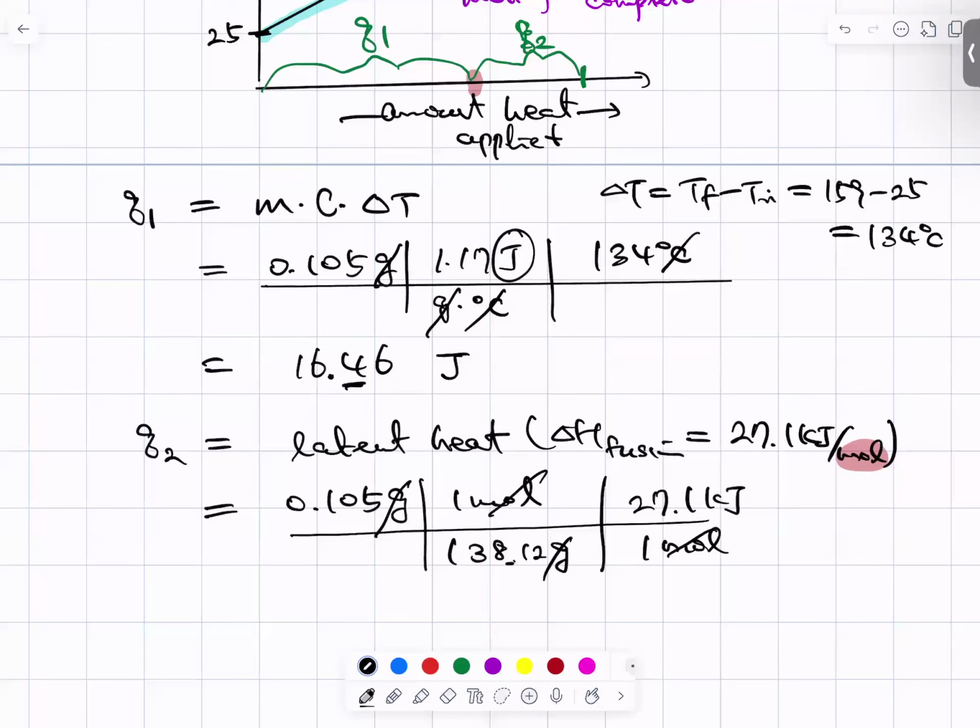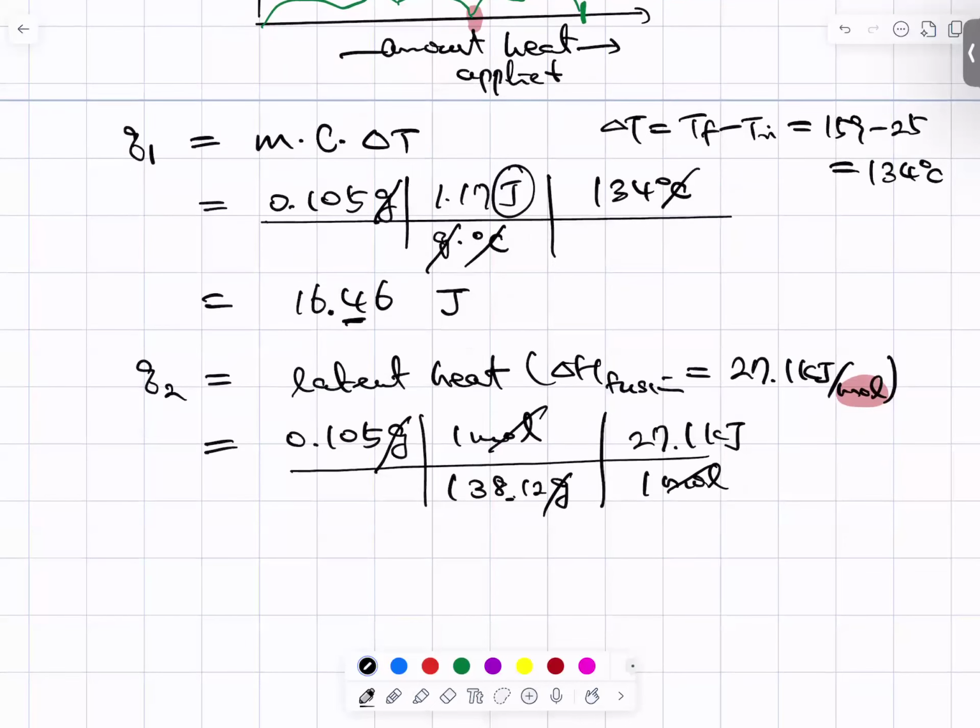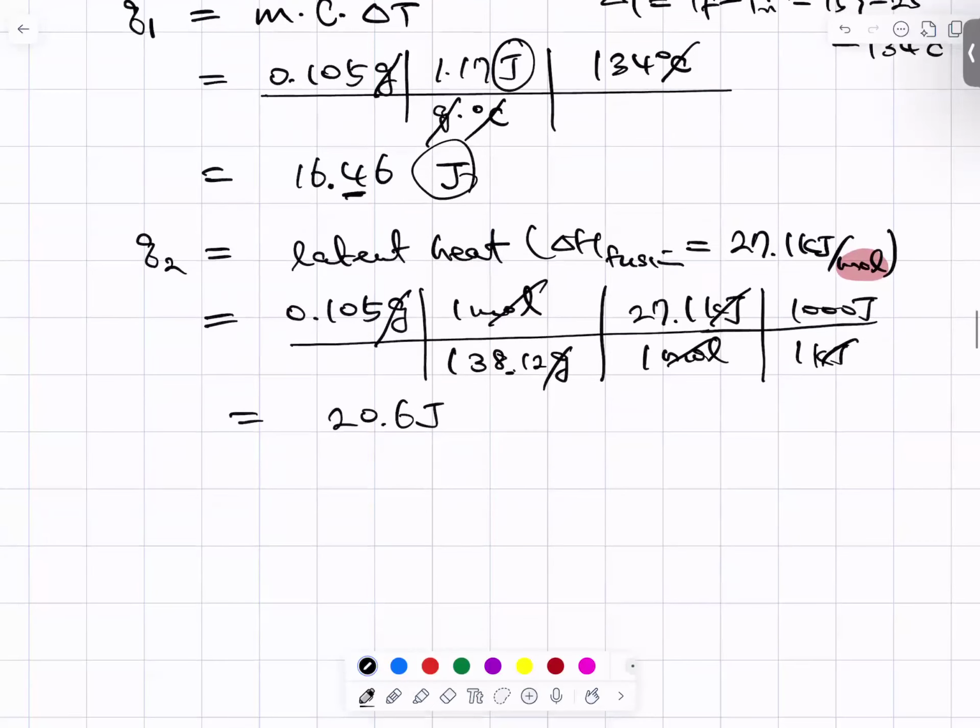So then moles cancel out, and finally the first one is given in joules, so let's convert this to joules. 1 kilojoule is 1000 joules. So kilojoules cancel out, and this one is 20.6 joules. Okay, so the total heat Q: raise the temperature from 25 degrees C to 159 degrees C, and then we need to melt the total amount.